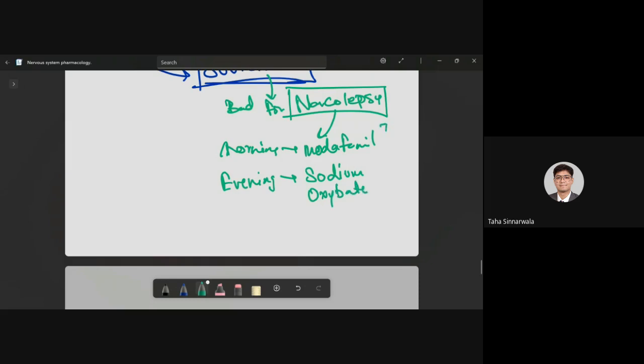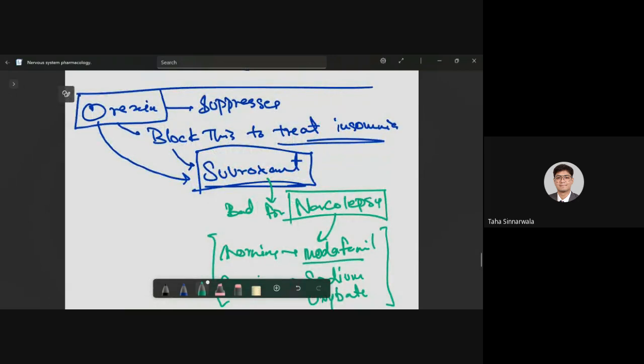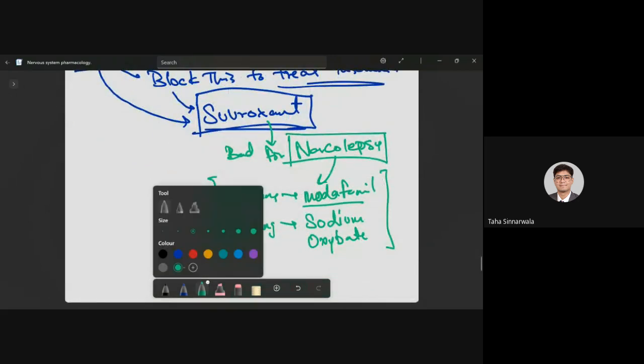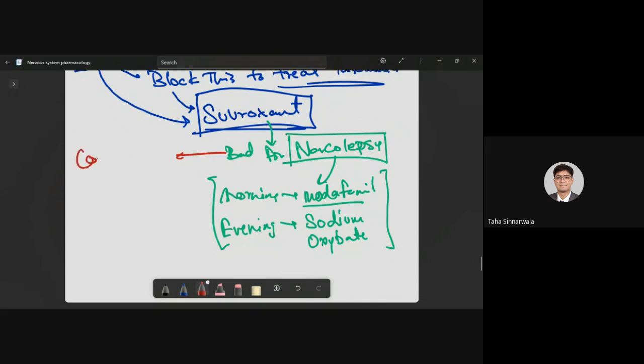So these are the two medications you want to give to patients with narcolepsy. In the morning, a stimulant. In the evening, a depressant so that they can sleep better. So that is for orexin, suvorexant, bad for narcolepsy. Actually, not even bad. I would rather say this should be contraindicated.